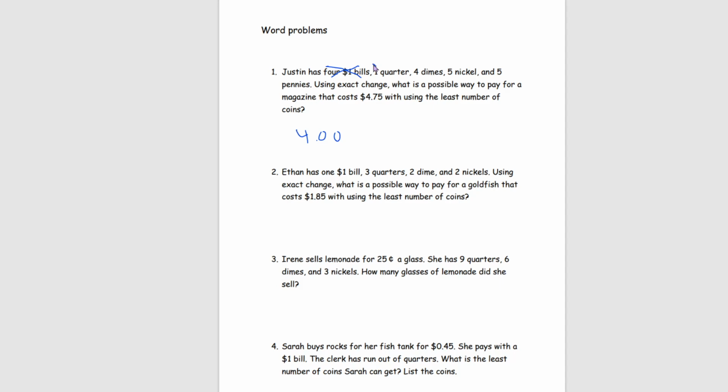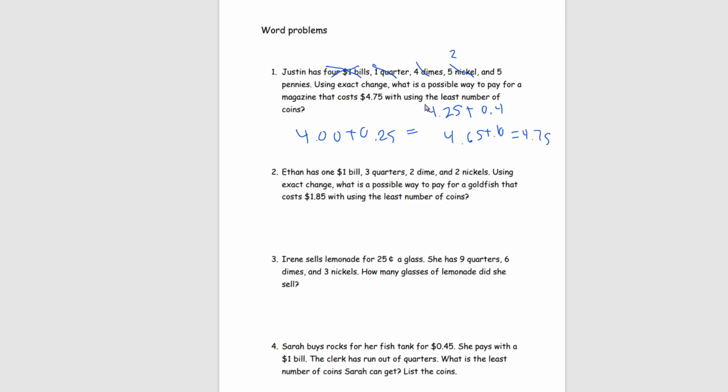We're going to use our quarter next, which adds 0.25, which makes it 4.25. Then we use up the rest of our dimes, which are 4. So we add 0.40, which gets you 4.65. And we can just use 2 nickels, because we're missing 10 cents from our goal. So we add 10 and we get $4.75.